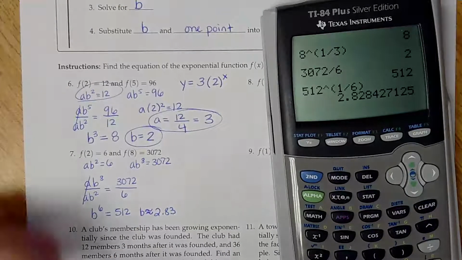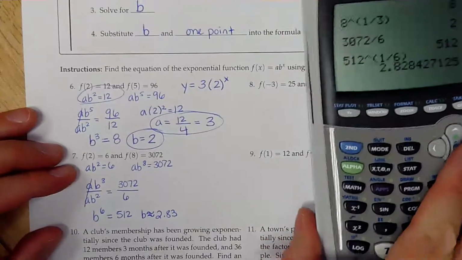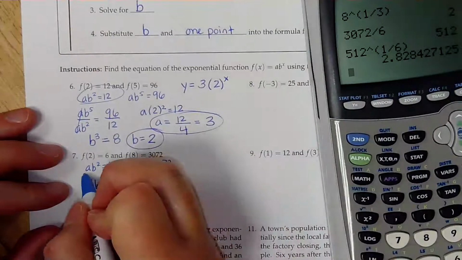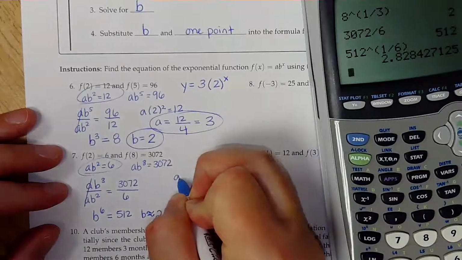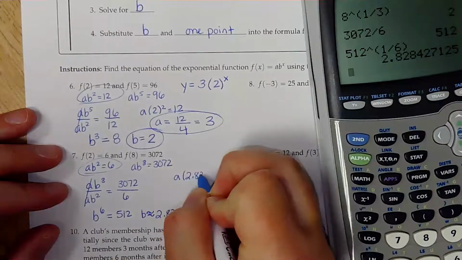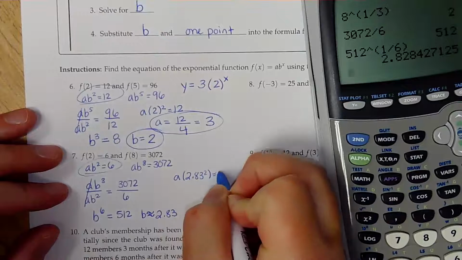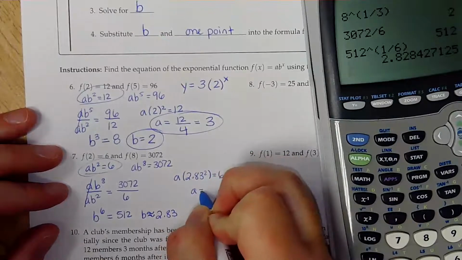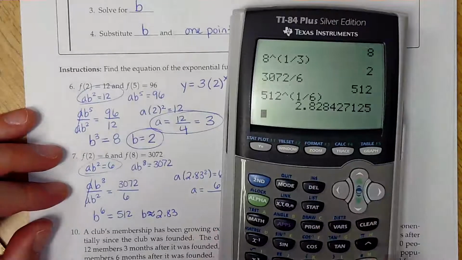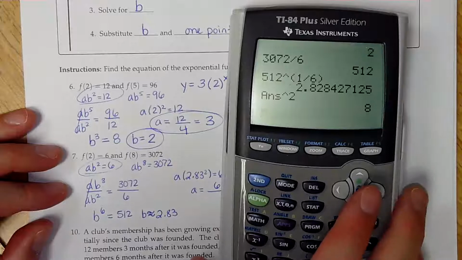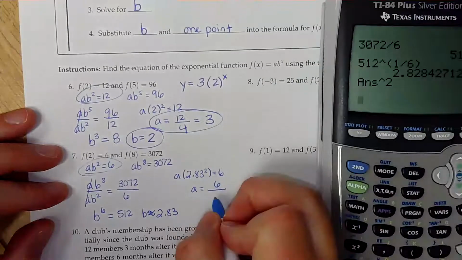Okay, and then I need to find a, and I'm going to plug that back into this ab squared one. So I have a times 2.83 squared is equal to 6. So a is 6 divided by this 2.83 squared. So 2.83 squared is about 8.